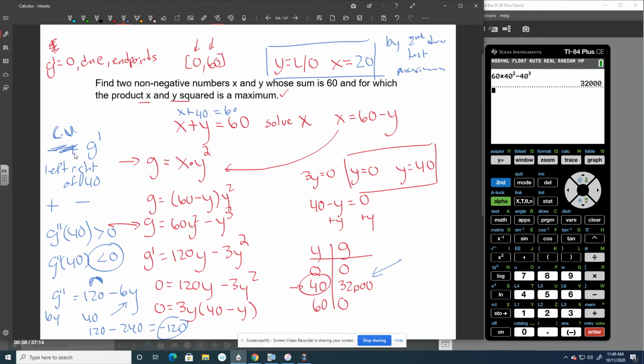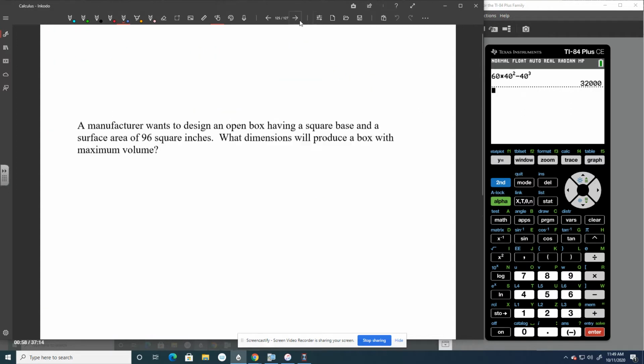You could have used the first derivative test and shown the increasing and then decreasing, or the second derivative test to just show that it was a maximum. Either one works, okay? But be careful of that step. A lot of times we skip it just because it seems unnecessary, because it seems obvious that this would be a maximum. But it doesn't always let you just assume the obvious. All right, so moving on.